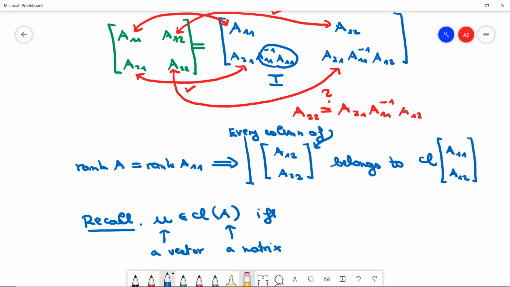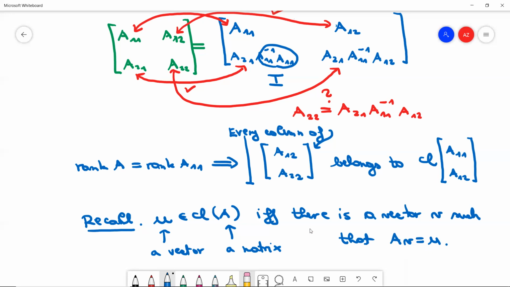If and only if there is some vector V such that AV is equal to U. So in other words, this equation says that some linear combination of the columns of A is equal to the vector U.